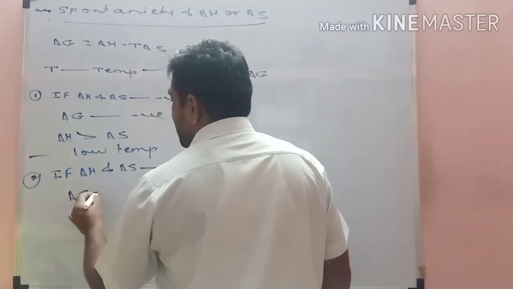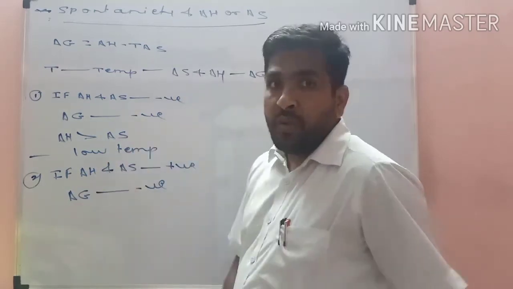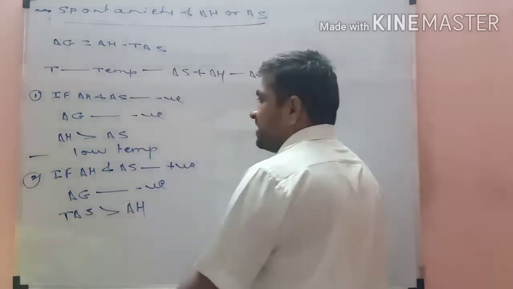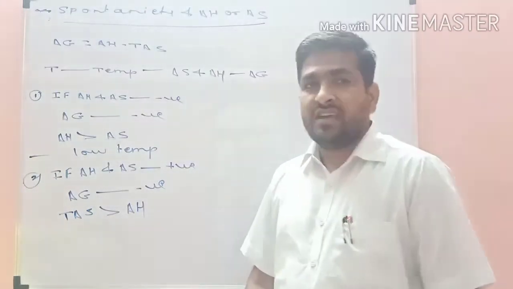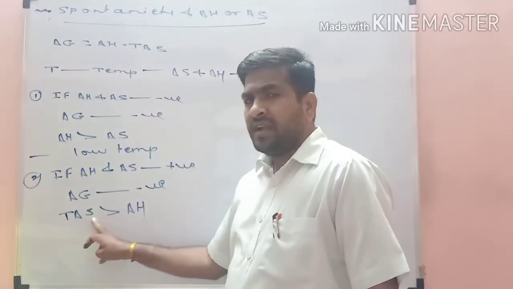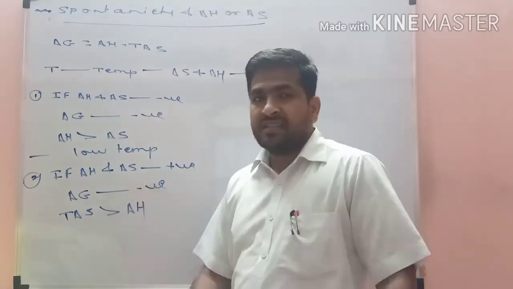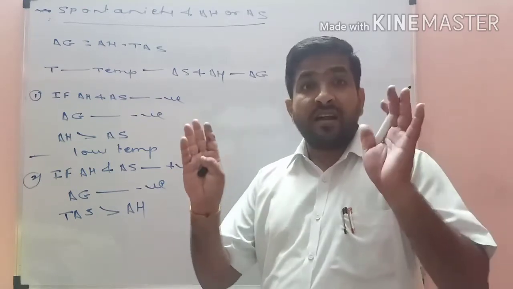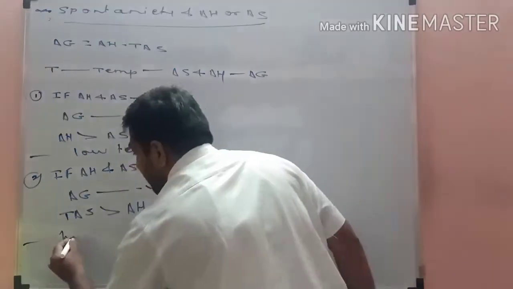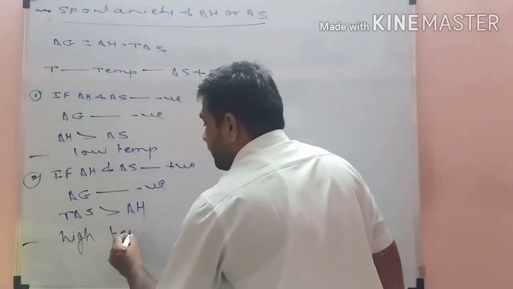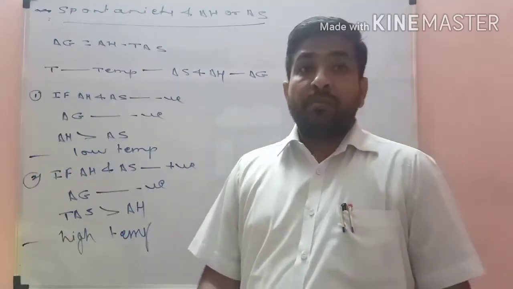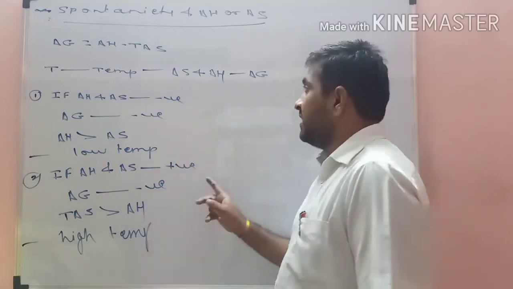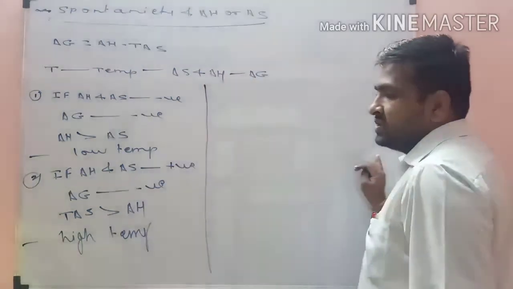The value of the delta G is negative only when the T delta S must be greater than delta H. जब T डेल्टा S, डेल्टा H से ज्यादा है, that time the value of delta G is negative. ये कब पॉसिबल है, at which temperature, हाई टेम्परेचर. जब टेम्परेचर ज्यादा रहेगा that time T delta S की वैल्यू डेल्टा H से ज्यादा रहती है.